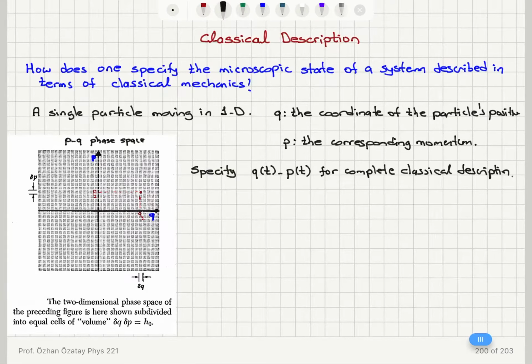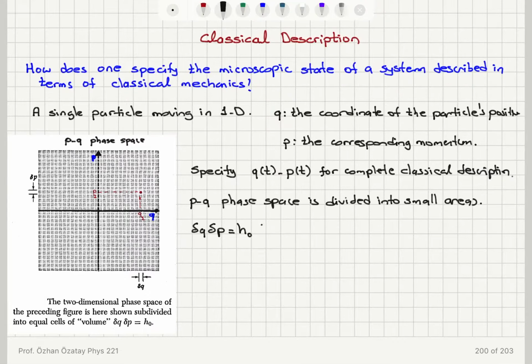So the PQ phase space is basically divided into small areas, and the area is given by delta Q times delta P equals h0. So this is the area of one cell in this phase space.